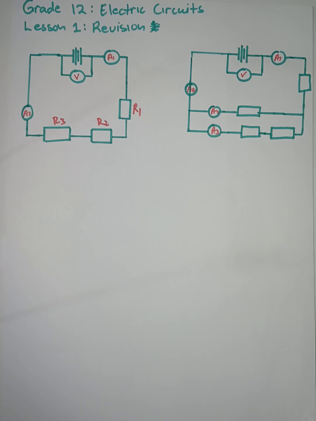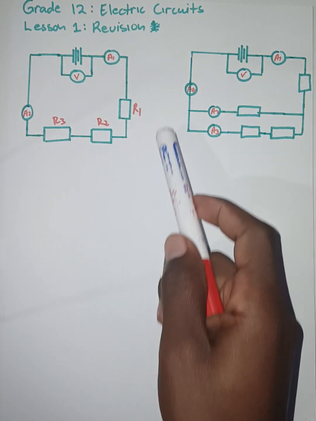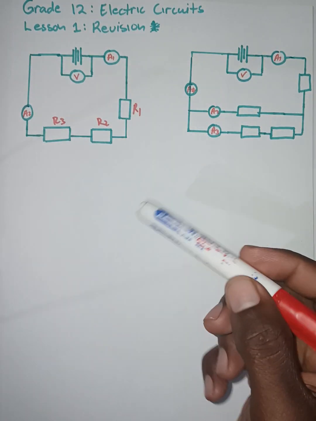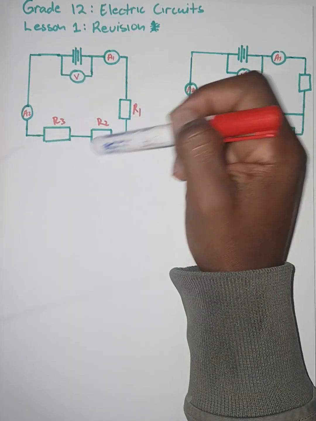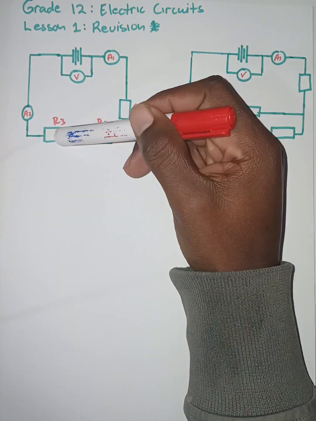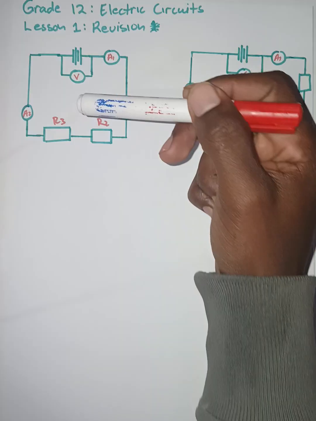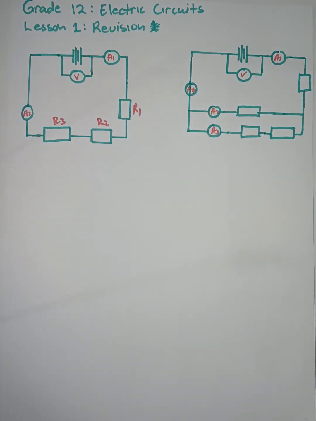As you can note in this diagram, the resistors in this circuit are in series with one another. Remember, in grade 11 you learned that resistors in series have the same current.